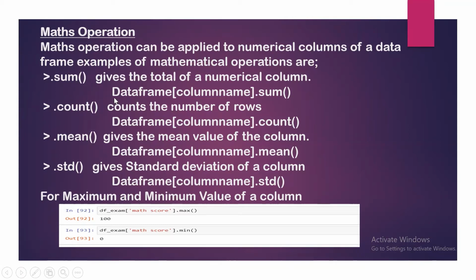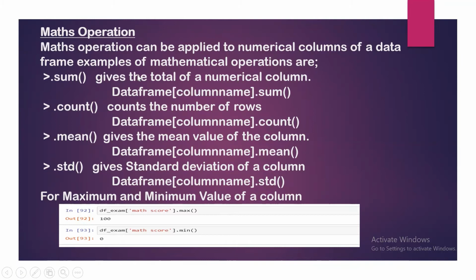We type the name of the data frame, then inside the square bracket we type the name of the column on which we want to perform the specified math operation, and that operation can be sum, count, mean, standard deviation, max, or min.